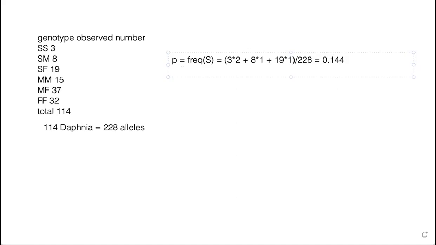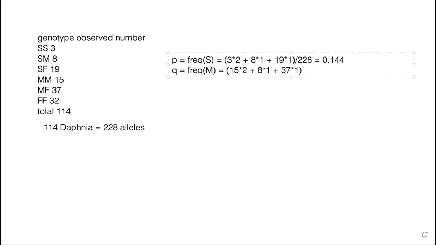Okay, right. We'll let Q be the frequency of the medium allele. And that is equal to, let's think this over. We have 15 MM individuals that have 2 of each allele, right? That's 15 times 2. And then we have 8 SMs that have 1. And then we have another 37, the MF individuals that have 1 allele each.